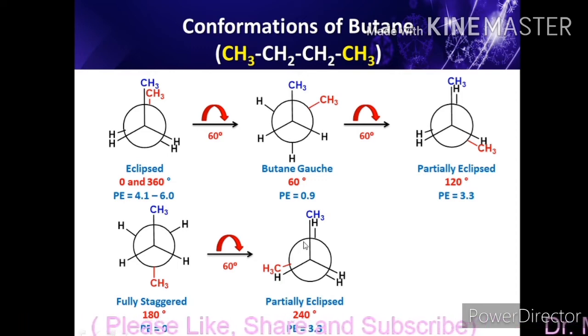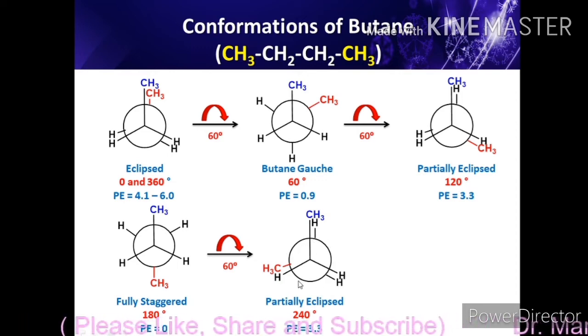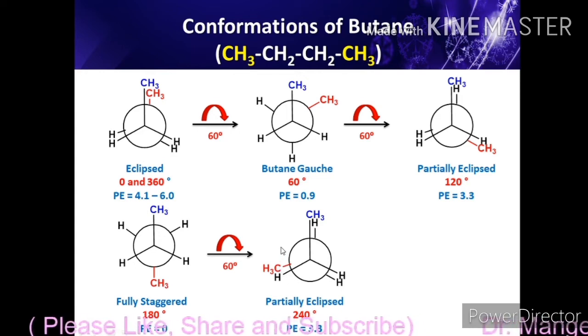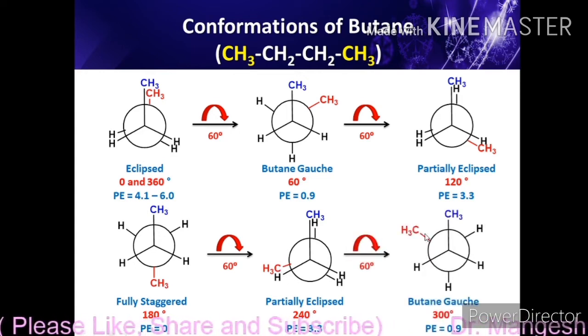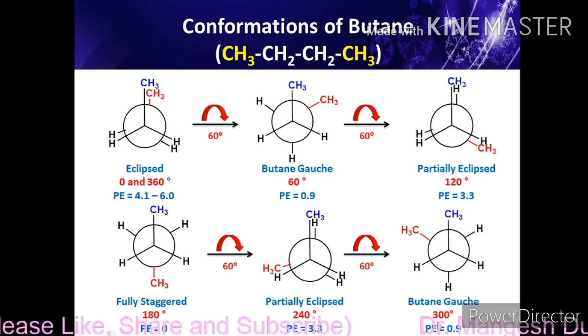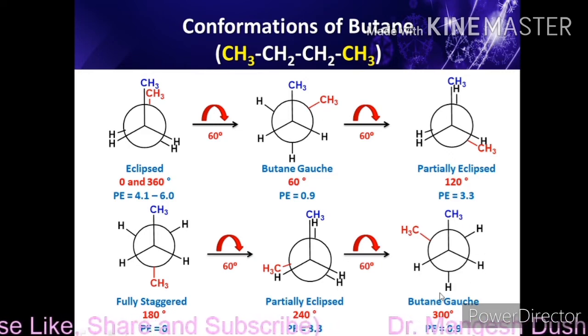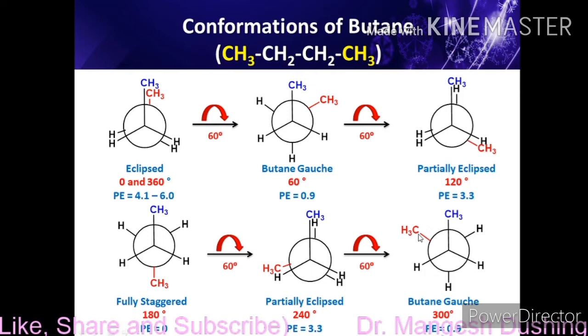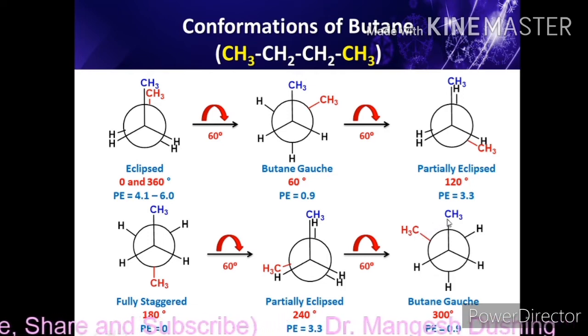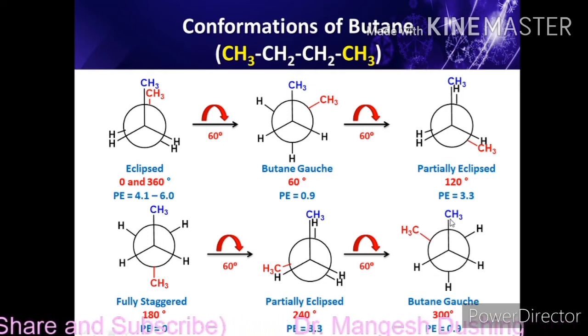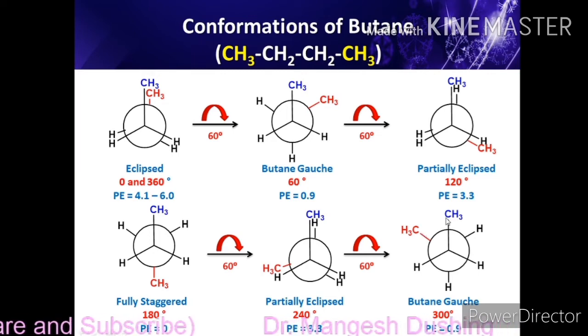Again we will rotate this rear carbon atom by 60 degrees. So this methyl will come over here. The dihedral angle will be 300 degrees, and we will get this structure. Methyl and methyl come closer to each other, making an angle of 60 with each other.